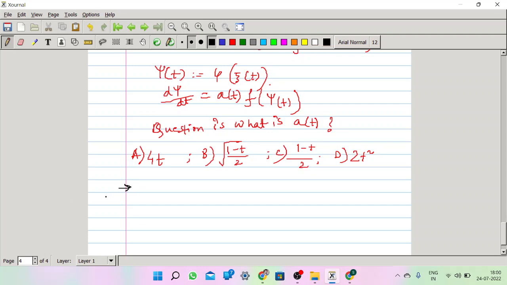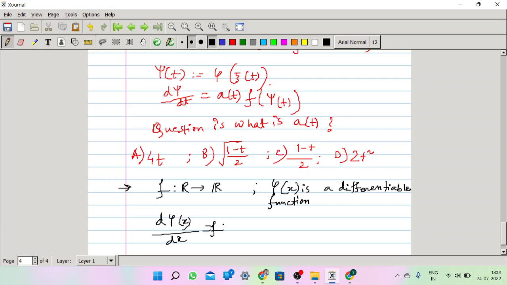So f is a given continuous function from R to R, and phi is a differentiable function, which is defined by d phi of x equal to f of phi of x.